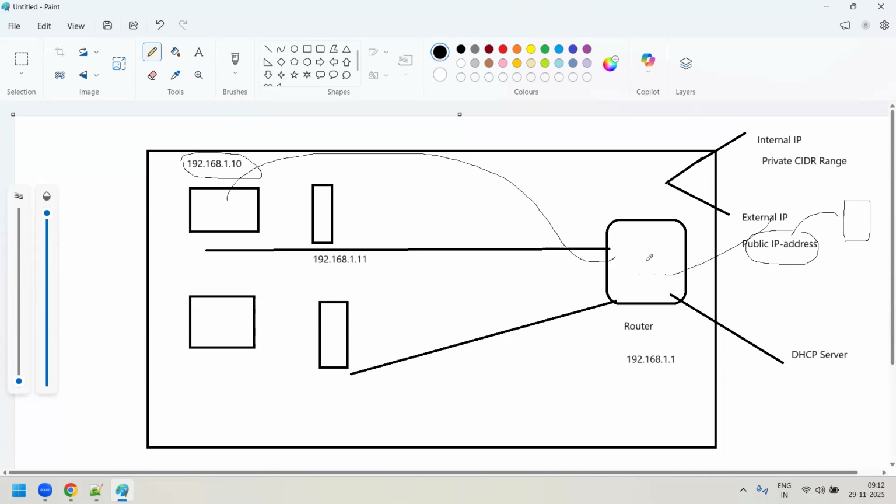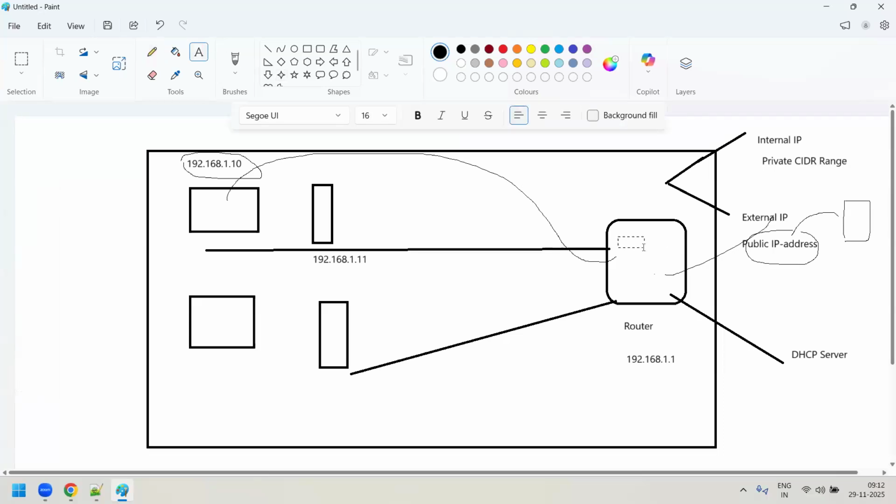So when the packet is moving, until here the source was this private IP address, with which he wants to connect to Google's IP address. This packet has this information, source and destination.